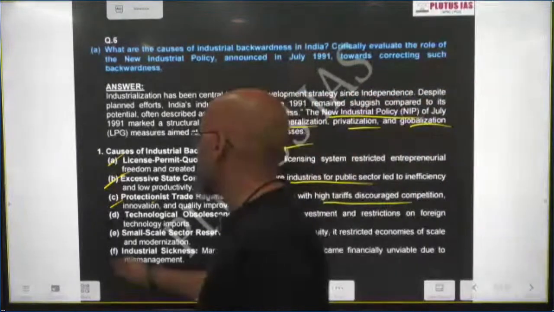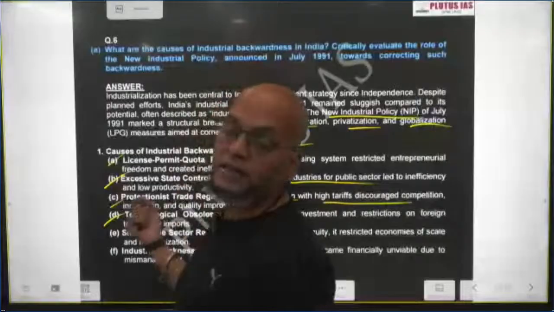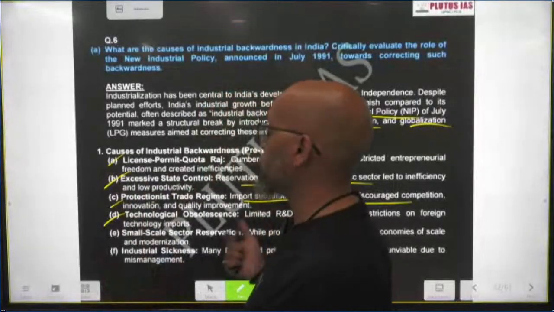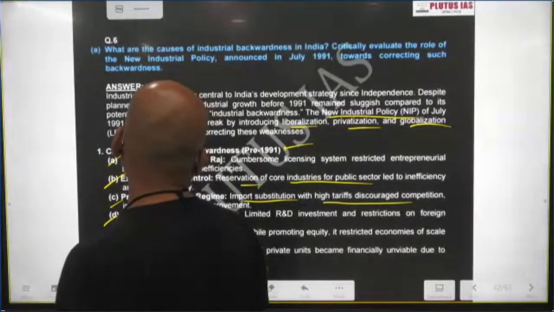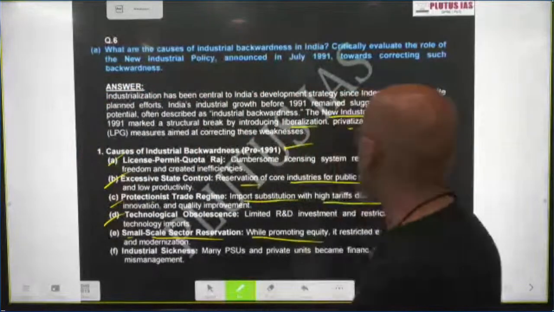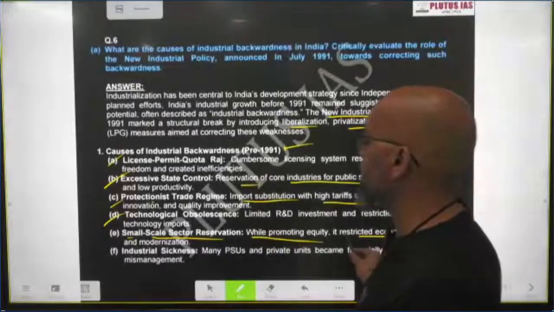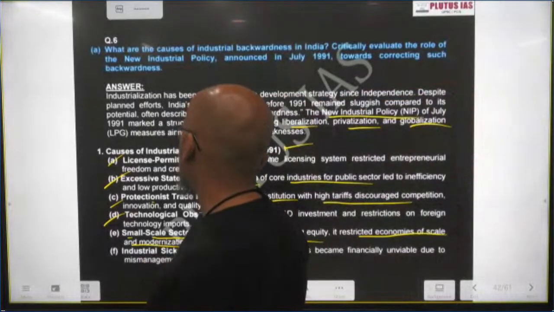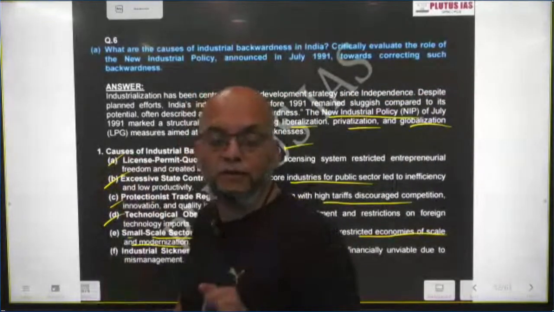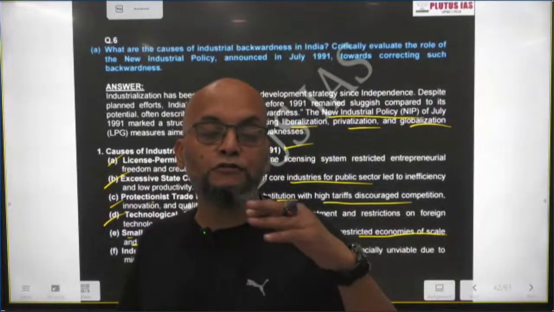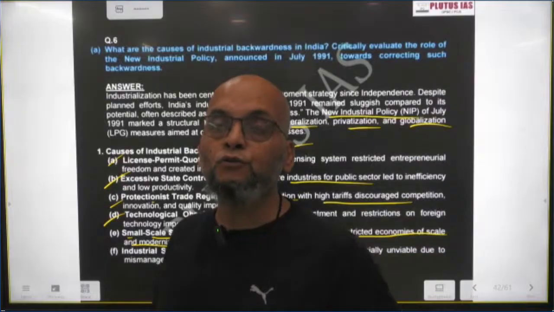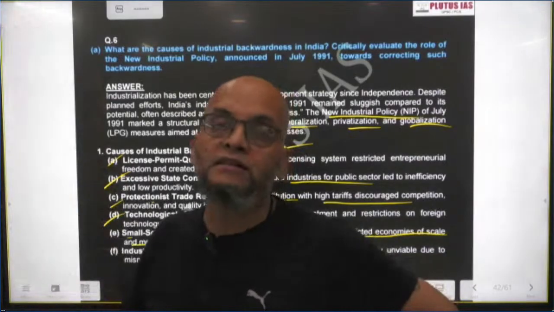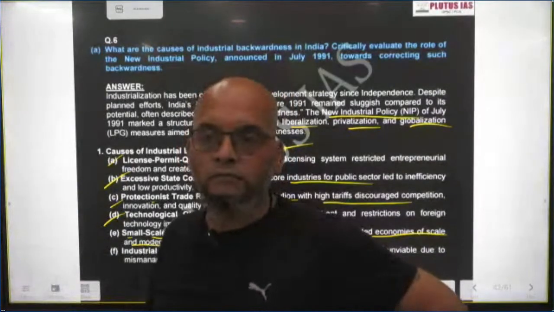Then technological obsolescence: we did not have the upgraded technology that the West was using. And small scale sector reservation: while promoting equity, it restricted economies of scale and modernization. When you reserve small sectors, you are trying to protect them, but at the same time you are preventing the economy from advancing, from getting modern, right?